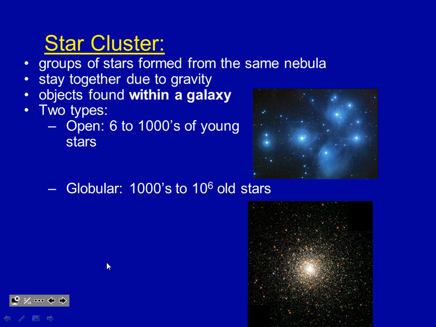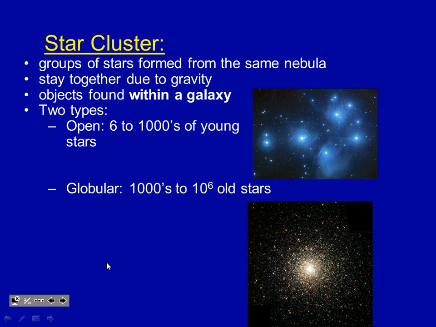They stay together again due to gravity, so we can have groups of stars hanging out with each other. Open clusters have no particular shape. They're just kind of random stars in the same area.